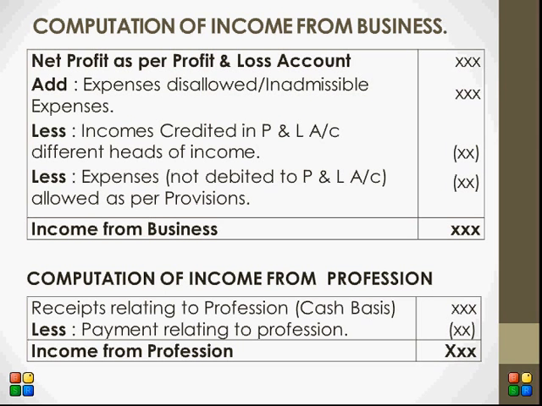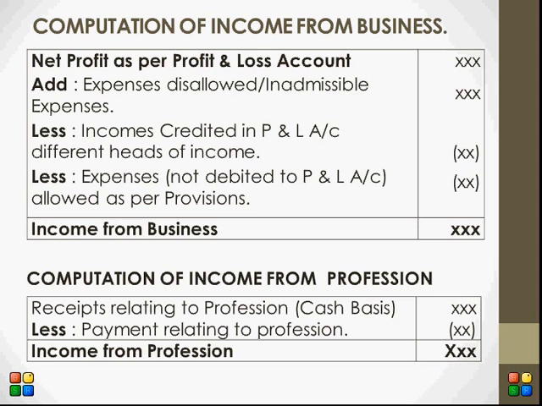That means whatever expenses he incurred for earning that money will be deducted from the total receipts. And here comes the income from profession. Income less expenses is equal to net income from profession.